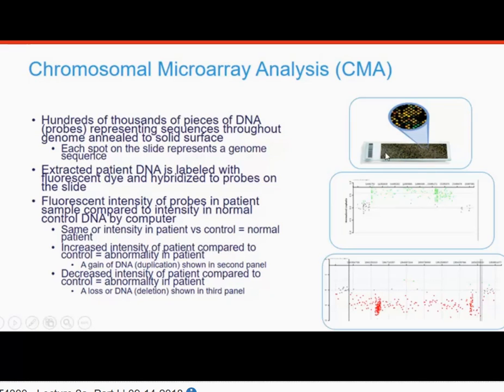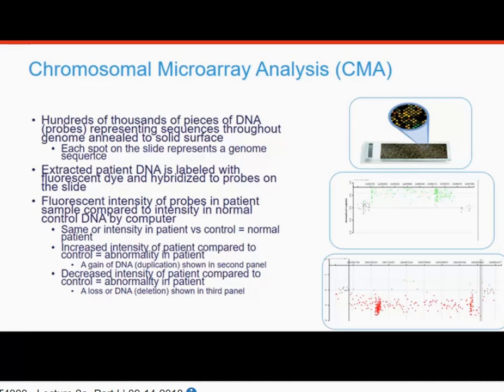So we've usually got repetitive sequences on there just to increase the power of the testing. Basically, the DNA is extracted from the patient, labeled with a fluorescent dye, again kind of like FISH, and then hybridized to these probes on the slide.